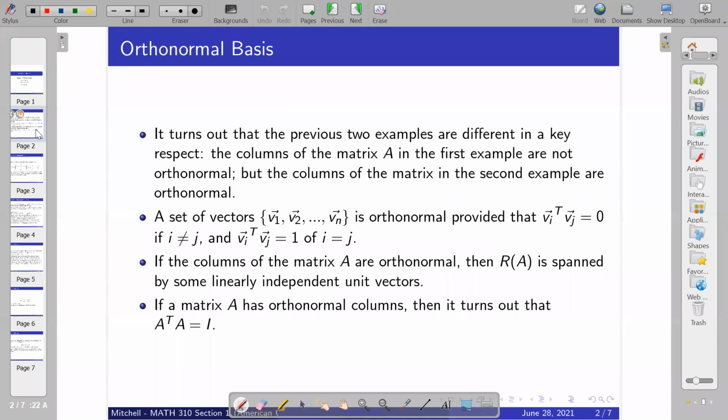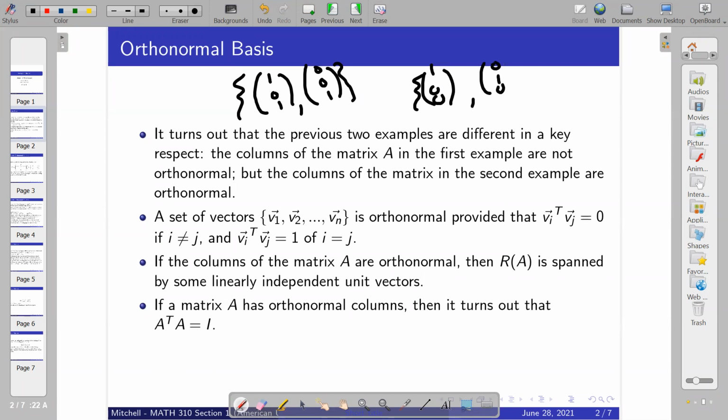I guess what I mean is that I did one example on another set of slides, probably not that critical to do it right now. But all this first point means is that if you take a look at 101 and 001, that type of basis for a two-dimensional subspace of R3 is not the same as a basis that looks like this.